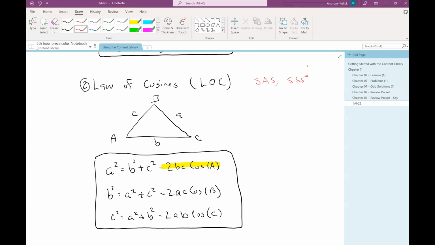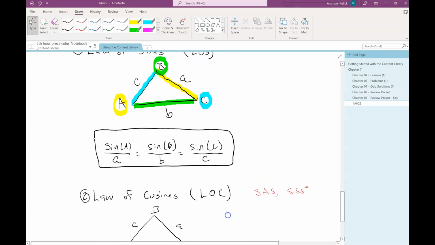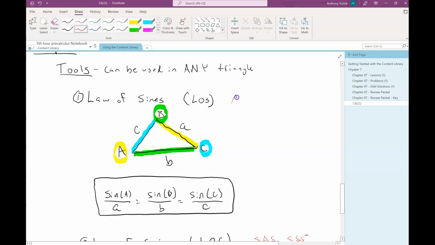Probably not today, but I want to put a little asterisk there because it's a little bit special, that case. So the law of sines we use when we have an angle side angle, an angle angle side, or the SSA case, which again I'm going to put a little asterisk on, because again there's a little bit of extra stuff that we have to do in that situation.